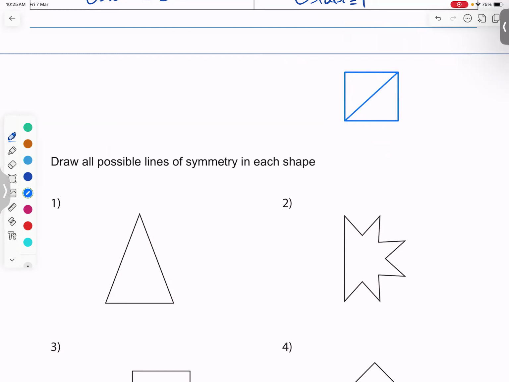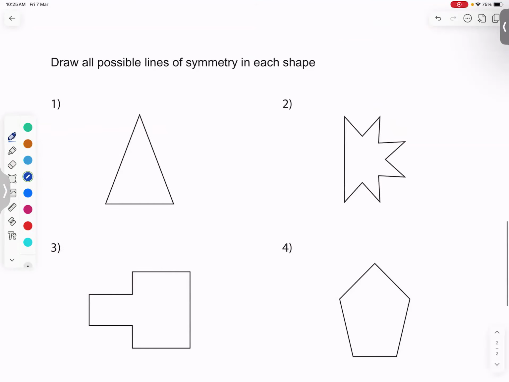If I draw this line, it will be a line of symmetry because this line divides the diagram into two equal parts. And this is also a line of symmetry, the second line of symmetry. After these two, this one will also be a line of symmetry, and this one also. So two of these lines and two diagonal lines. The total number of lines of symmetry becomes four. So in the case of the square, we have four lines of symmetry.